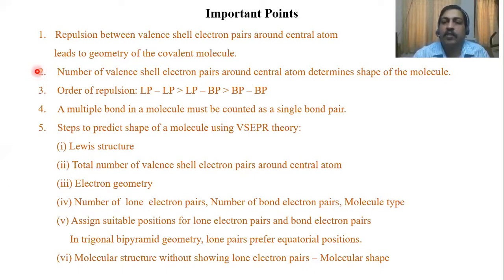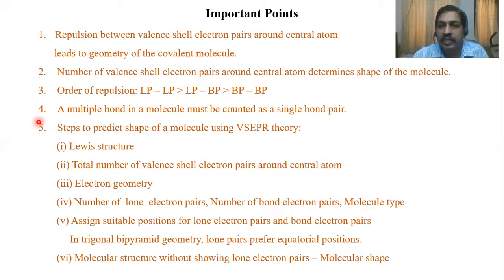Next, lone pair repulsion is greater than lone pair bond pair repulsion, which is greater than bond pair repulsion. Fourth, a multiple bond in a molecule must be counted as a single electron pair. Multiple bond, whether it is a double bond or a triple bond, should be counted as a single electron pair.